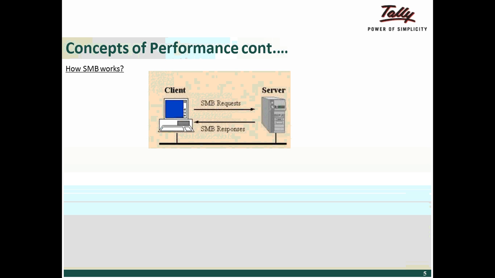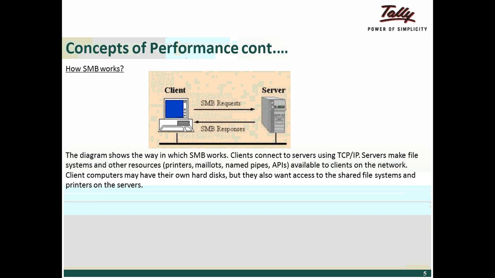This is a pictorial presentation: the client is sending a request, and the server is sending a response. The above diagram shows how assembly works. The client is connected to the server via TCP/IP.